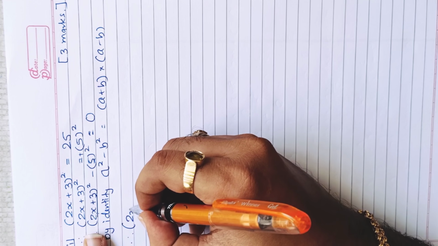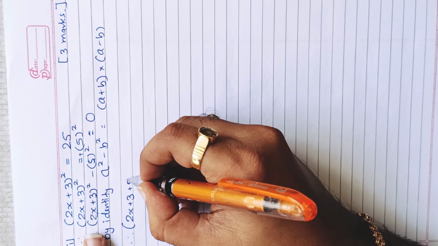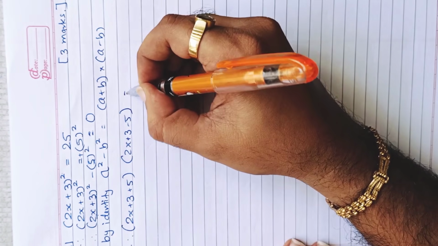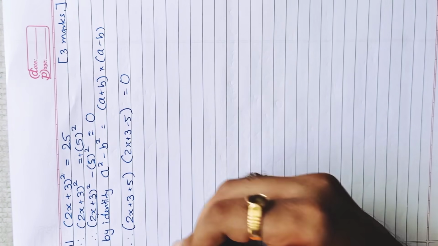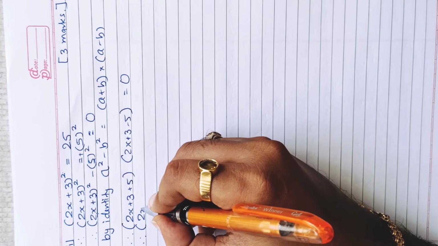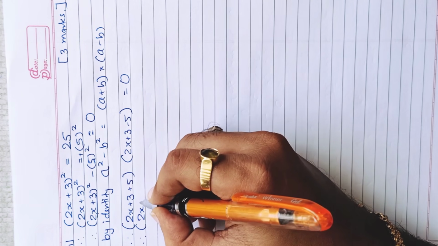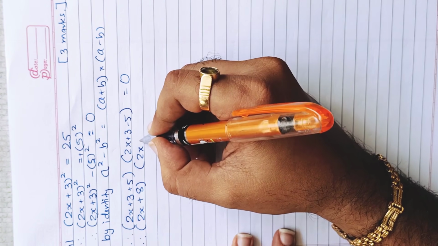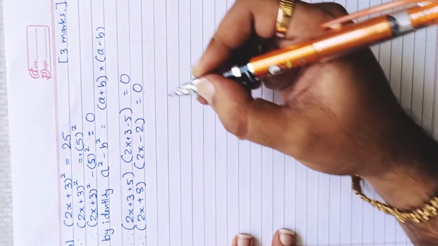So we'll write that 2x plus 3 plus 5, 2x plus 3 minus 5 equal to 0 by identity. Therefore, now 2x plus 8 and 2x minus 2 equal to 0.